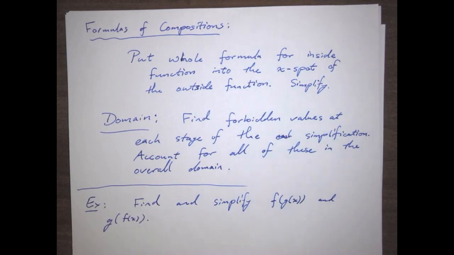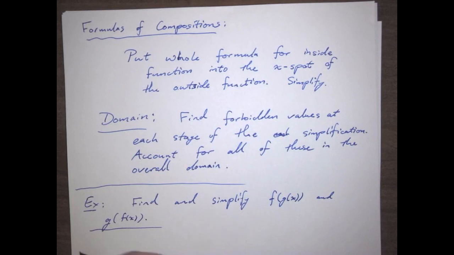We won't worry about the domain at first. We'll work our way up. To start with, let's go with f of x equals x squared plus 2, and g of x equals the square root of x plus 1.